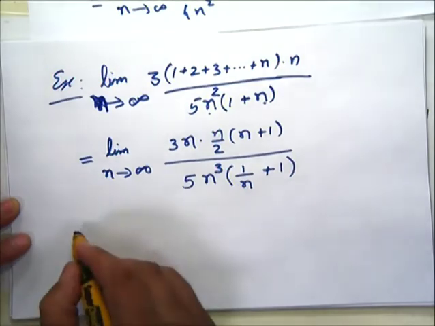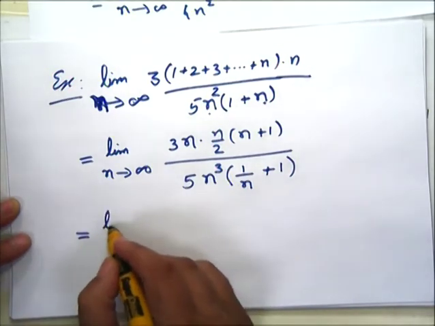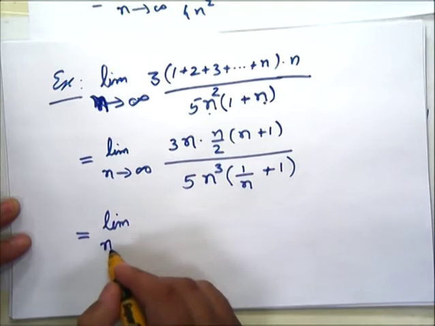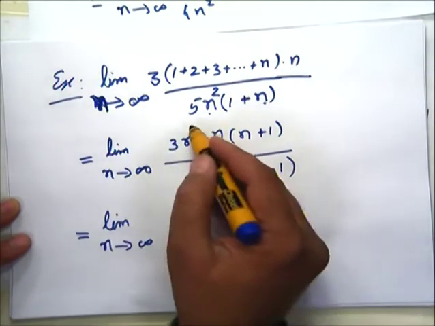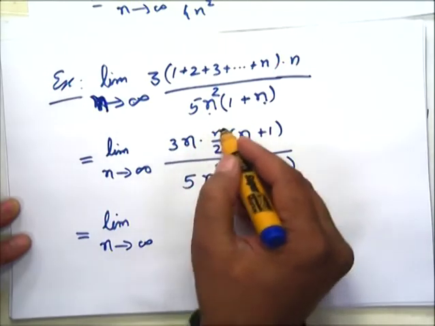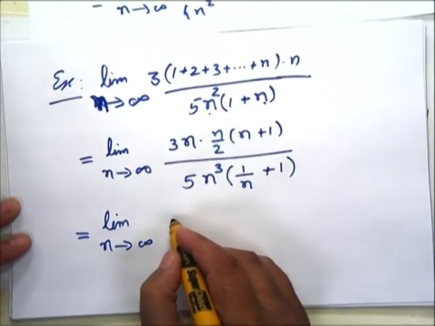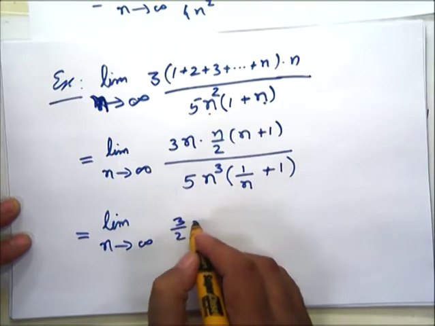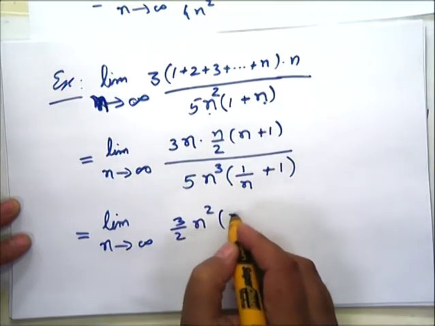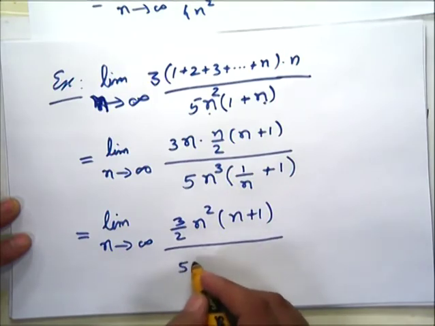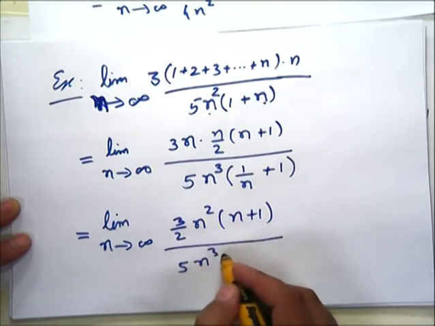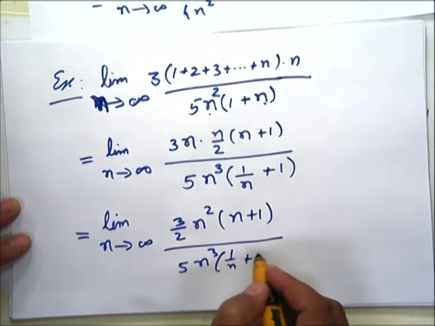Simple. So this is equal to limit n tends to infinity, 3 upon 2 n square into n plus 1, upon 5 n cube, 1 upon n plus 1.